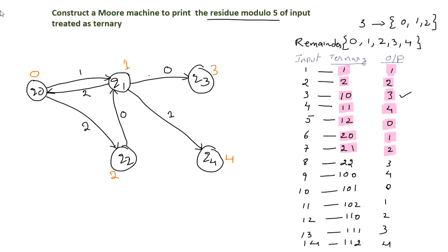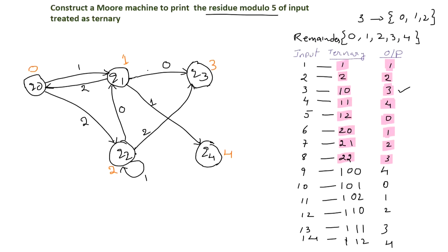With 2 it has already reached Q2, so we write a loop with 1. If the input is 2 2, it has to reach the state Q3. With 2 it has already reached Q2, so Q2 on 2 reaches the state Q3.